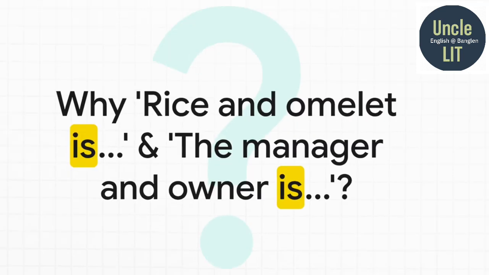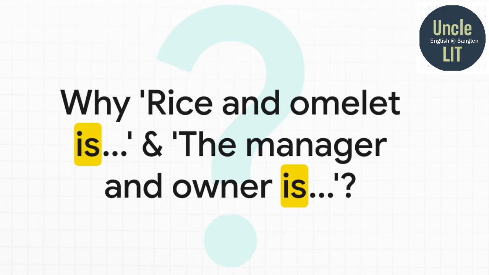But wait a minute. English just loves to throw a curveball, right? Take a look at these sentences. We've got "and" in both of them, but the verb is singular, "is." So what gives? What's the secret pattern going on here? And here's the secret. In that first sentence, rice and omelet aren't two separate things.